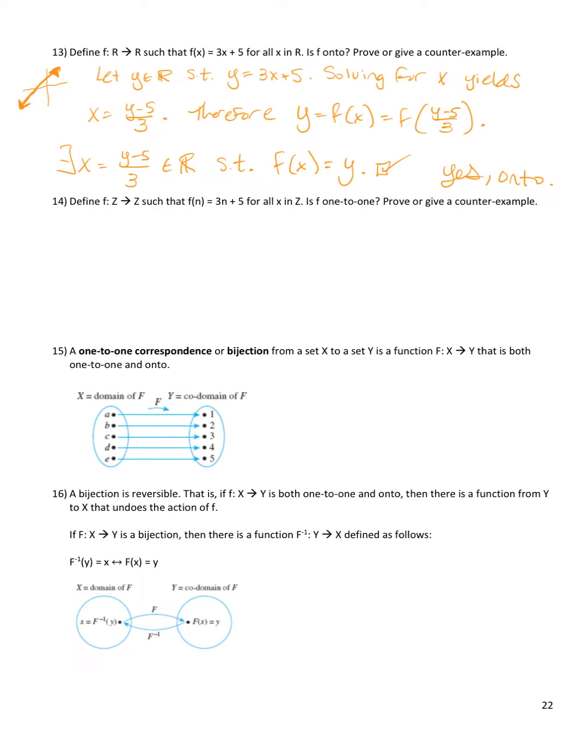Okay, so here's an example of one that's not onto. Let's see if we can figure out why. Here, f goes from the integers to the integers. So this is almost exactly the same, right? Before, I had f going from the reals to the reals, f of x equals 3x plus 5. Here, I have f going from the integers to the integers, and f of n equals 3n plus 5.